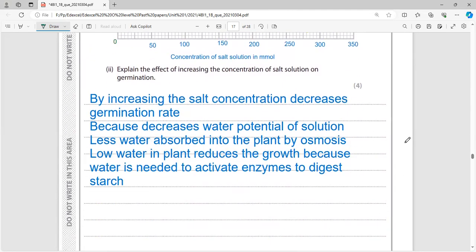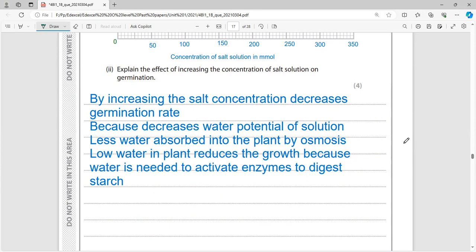For example, here by increasing the salt concentration, it decreased the germination rate. That's 1 mark. Now the reason is what? Because it decreases the water potential of the solution. So by increasing the salt concentration, the water potential is decreasing. So less water is absorbed in the plant by osmosis.